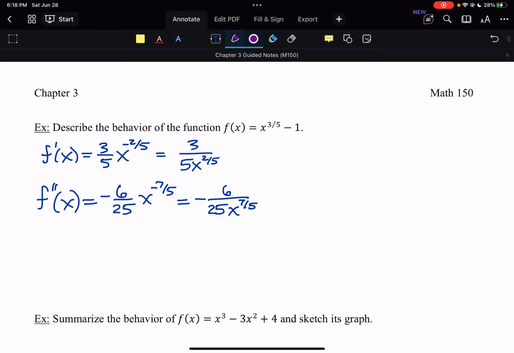So these can never be equal to 0, but they can be undefined. And they're undefined when the denominator is equal to 0. So this is undefined when x equals 0, and undefined when x equals 0, so both of them.